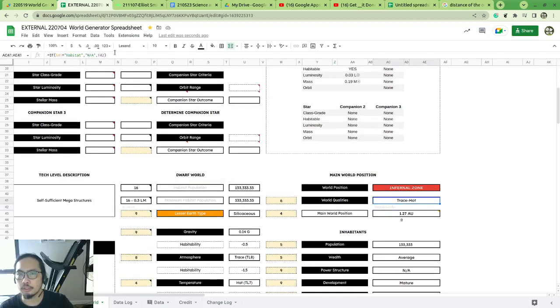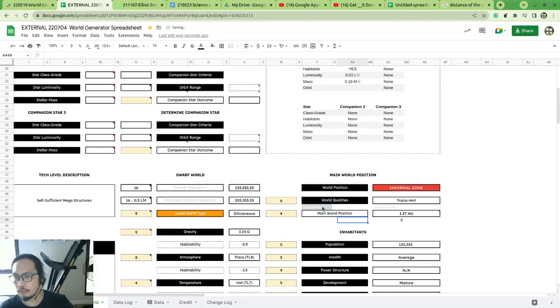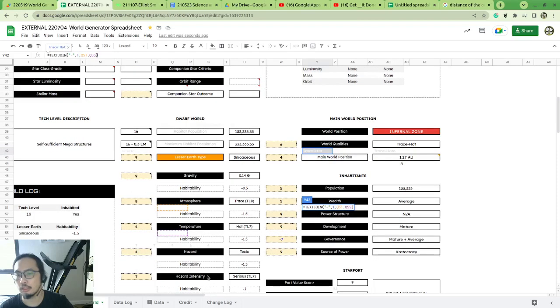What's the other one? Oh, here's the other secret text. Trace hot. Wait, combining. No, this is the planet's qualities.